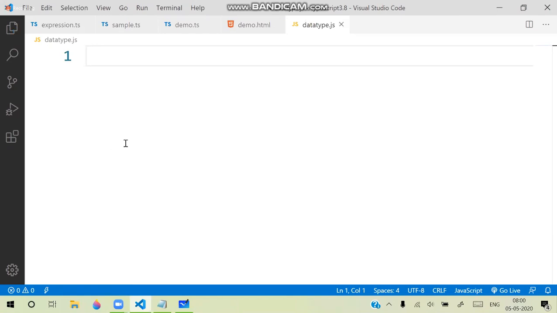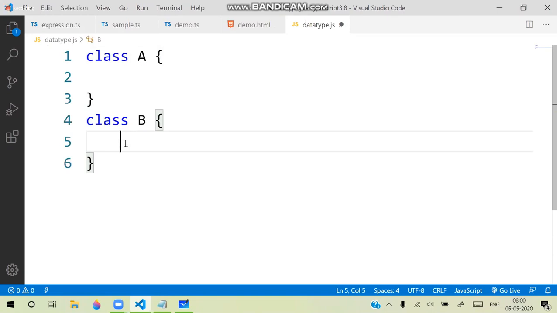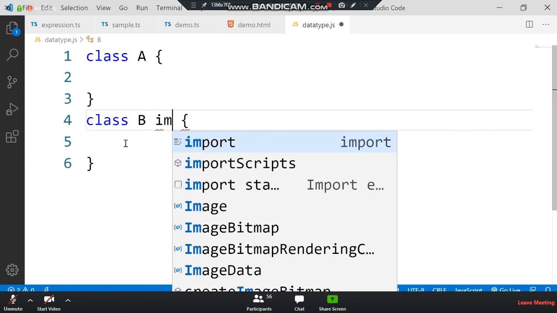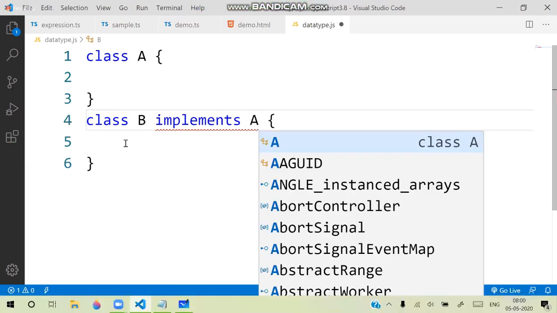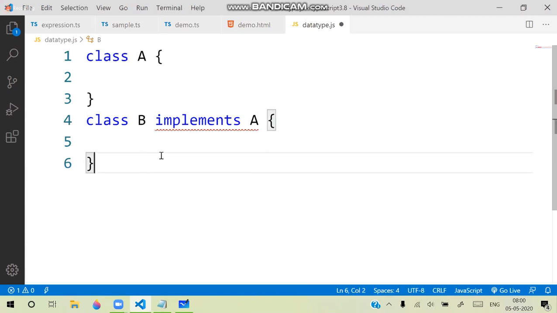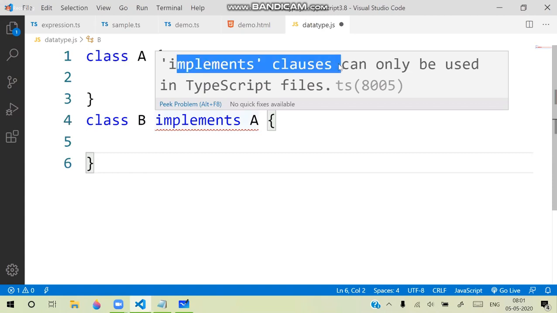Suppose JavaScript is supporting a class A and a class B, and it has to implement class A, so that it can extend that class A. The implements clause can only be used in TypeScript.